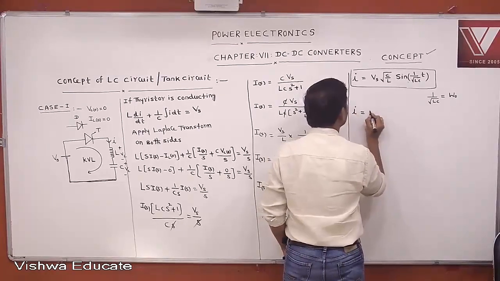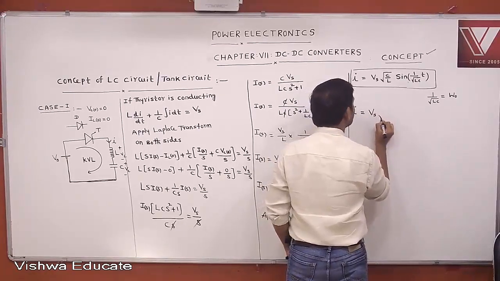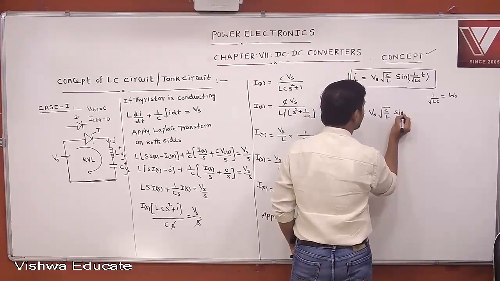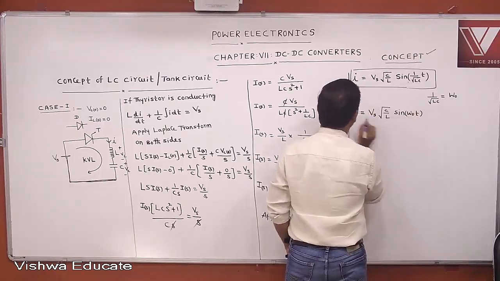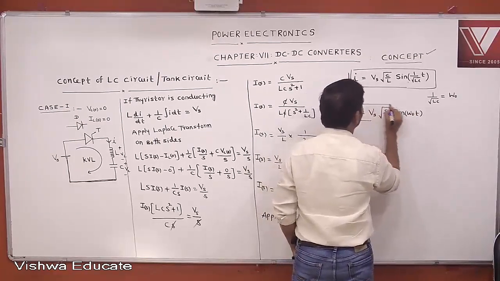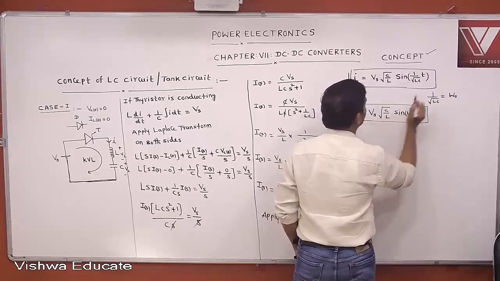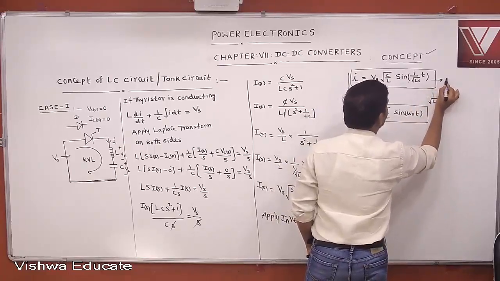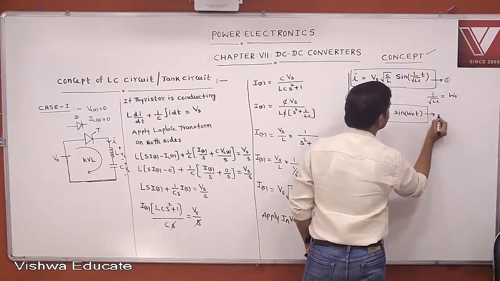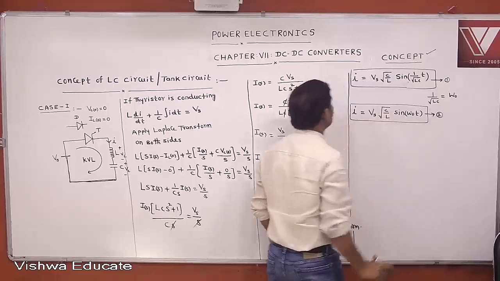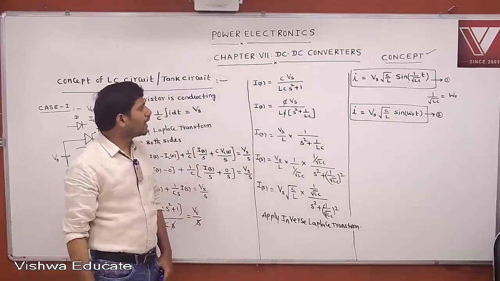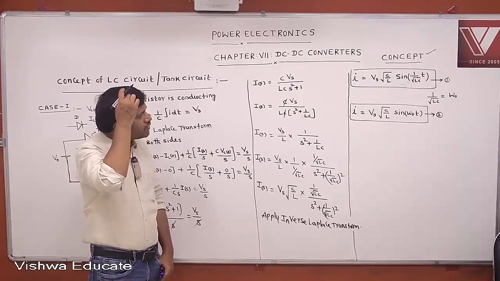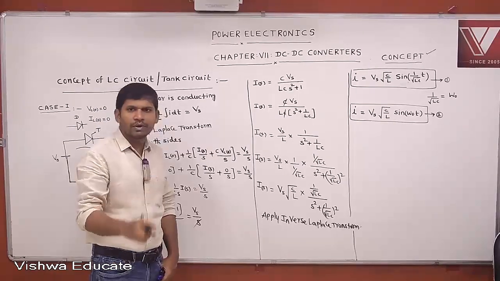I equal to Vs into square root of C by L into sin of omega naught t. Like this also we can write. This is in terms of omega naught, or in terms of 1 by root LC: I equal to Vs into square root of C by L into sin of 1 by root LC into t.